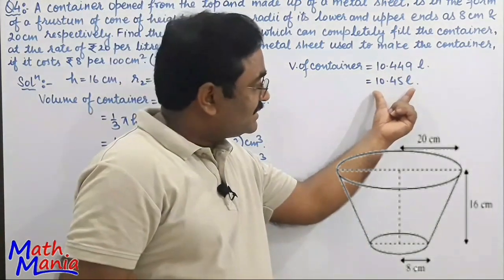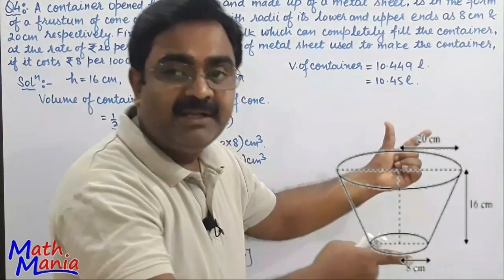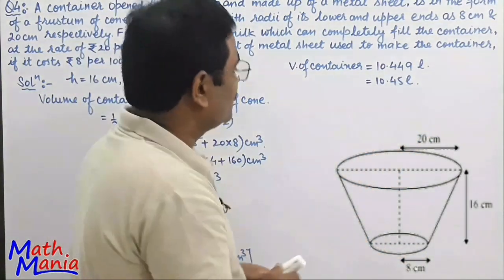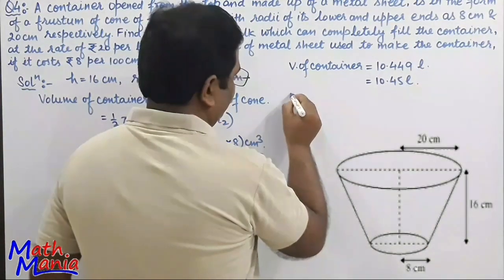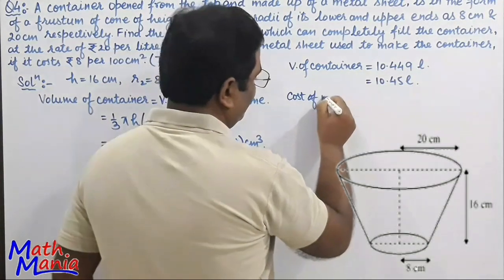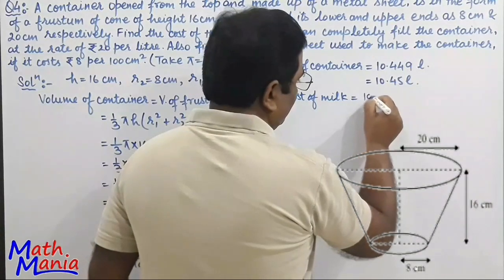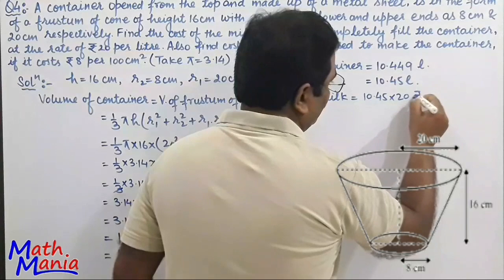So as this is the amount of milk that can be in the container, the cost of milk is equal to 10.45 multiplied by 20 rupees.